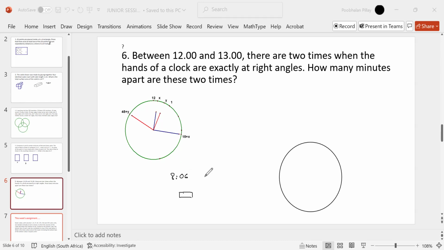You don't have the hands of a clock, right? But in the old days, we used to have a clock. Some of you would have seen it, where you got a minute hand, a long hand, and the minute hand normally is pointing to something.